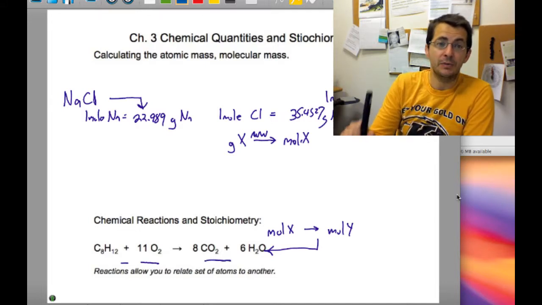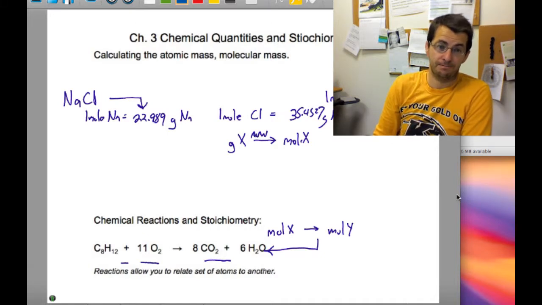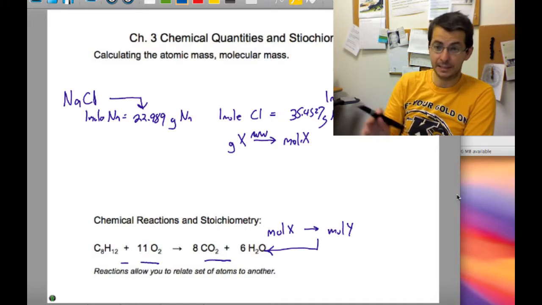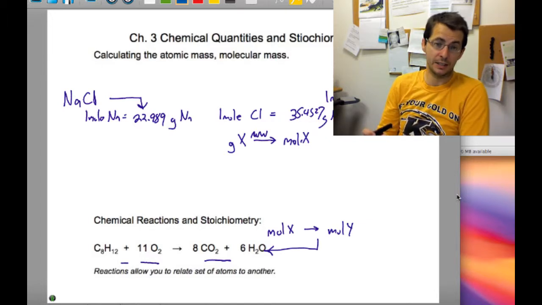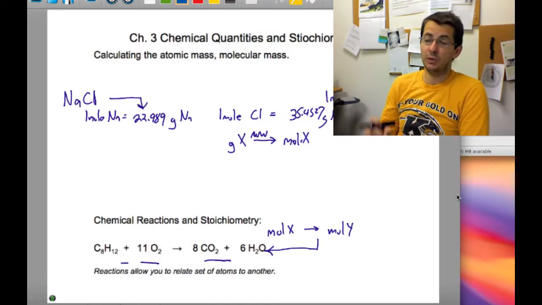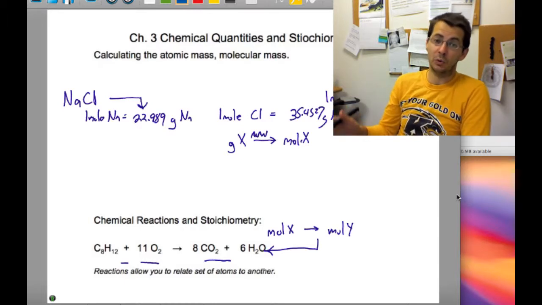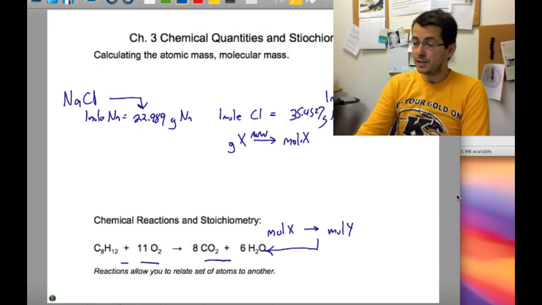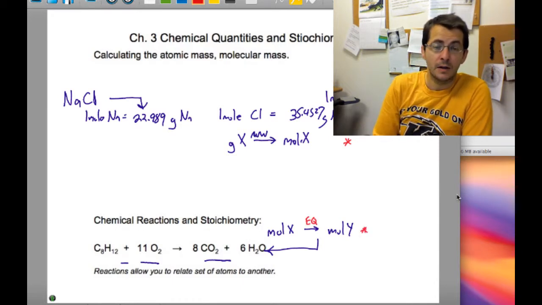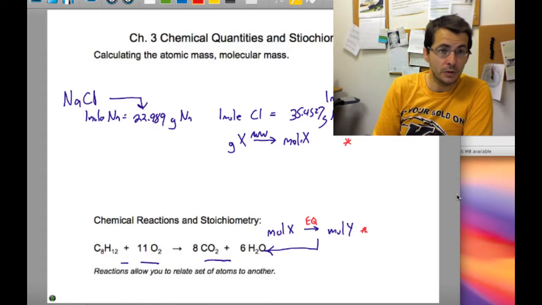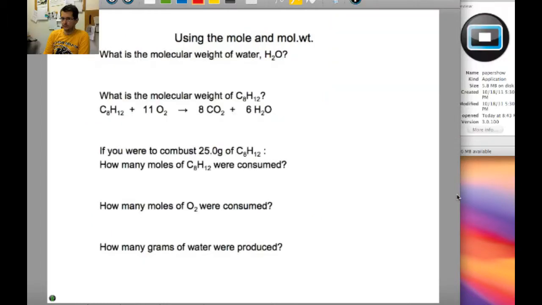There's a relationship between oxygen and CO2, 11 to 8, and it's going to be consistent. That's a mole-to-mole relationship. Whenever we deal with changing one chemical entity into another, it's a mole-to-mole relationship. So these 2 relationships are central to our calculation.